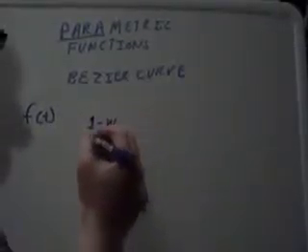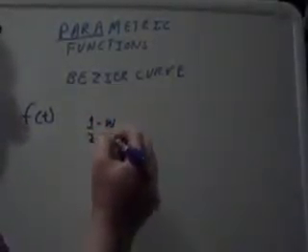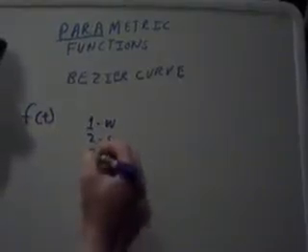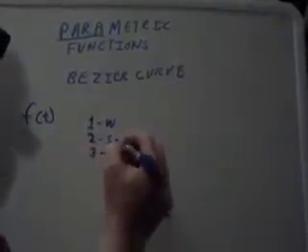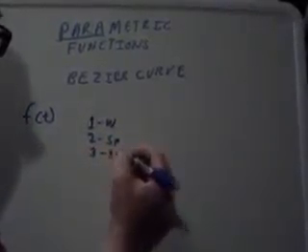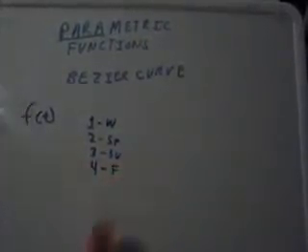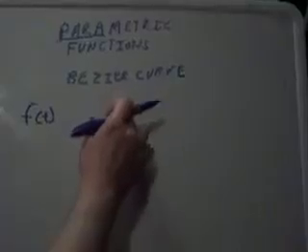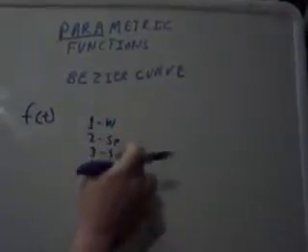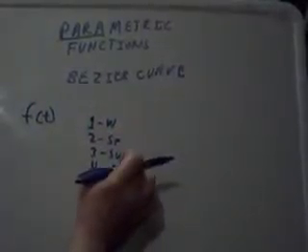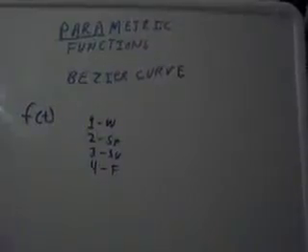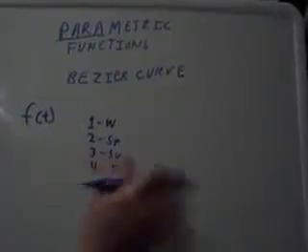We'll put a W there. 2 is spring. We'll put an SP there, and then we have an SU for summer. And then we'll have a 4, which is F. W for winter, SP for spring, SU for summer, and F for fall.